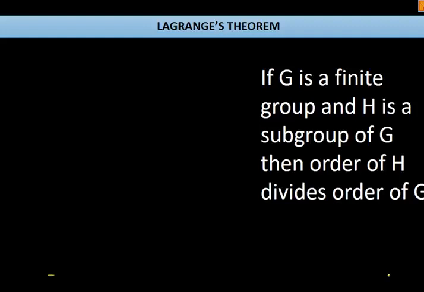But you know what? The interesting story behind Lagrange's theorem is that actually Joseph Lagrange, who belonged to France, did not prove this theorem. Actually, Joseph Lagrange stated something about the number of distinct polynomials in n variables and permutations of these n variables.